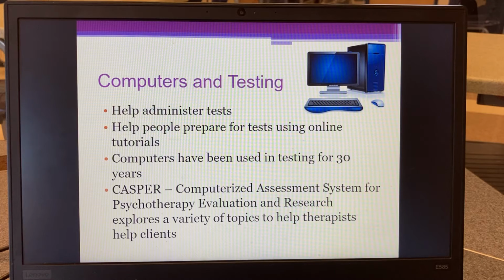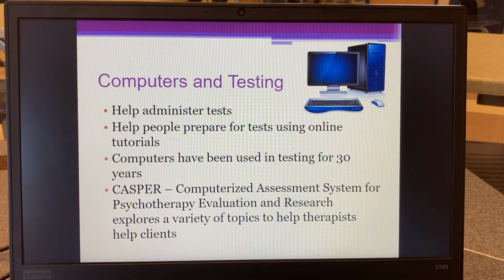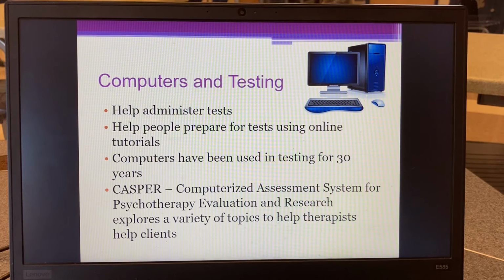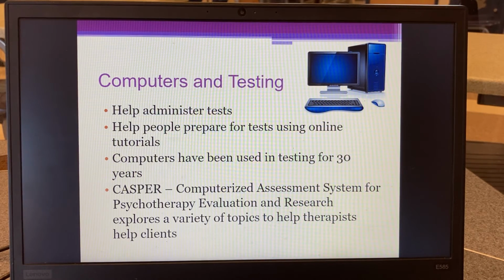However, they do allow for more people to take the test and get faster results, which is really important, especially with how standardized testing is being used. And it has been used for a really long time. It's just becoming almost overly used, so we have to be aware of that.